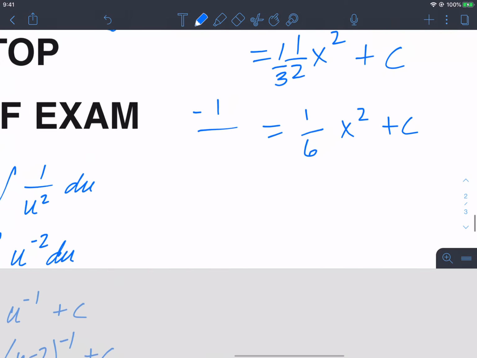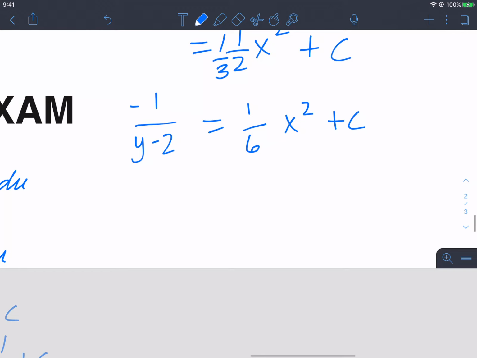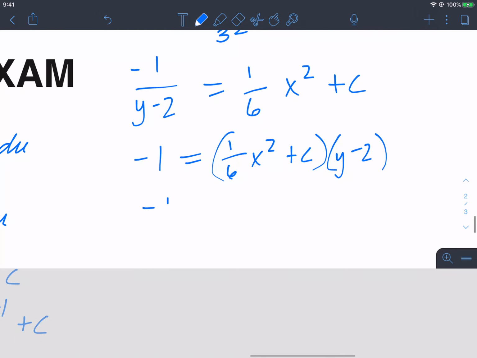Negative 1 over y minus 2 equals 1/6 x squared plus c. Okay, so we're going to solve this for y. We want to get the y by itself. So I'm going to multiply both sides by y minus 2, and then divide by the 1/6 x squared plus c, and that would equal y minus 2.